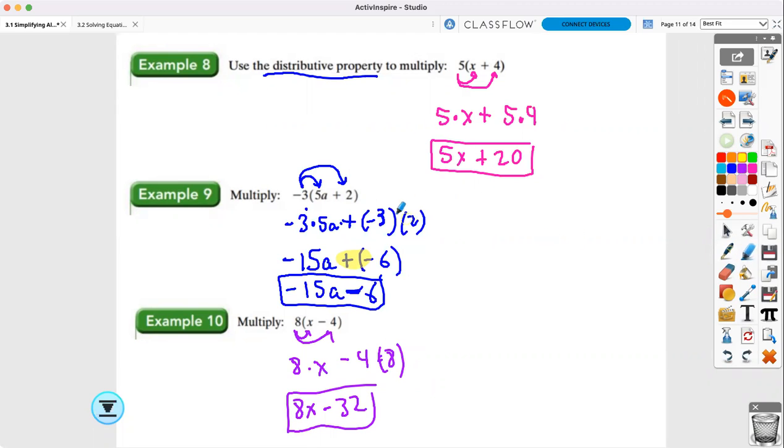I added these parentheses so I don't get confused with this symbol here. And over here on the -4, I wanted to remember it's -4, so that's why I kept this minus. And I put the 8 second, because remember what I did earlier, that the order of multiplication does not matter. These are equal, right?